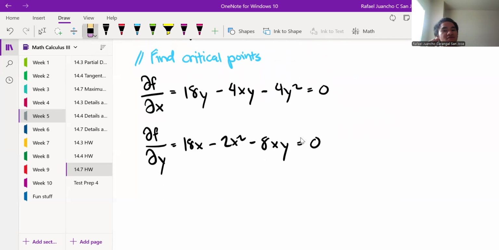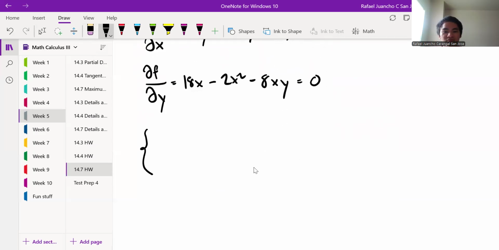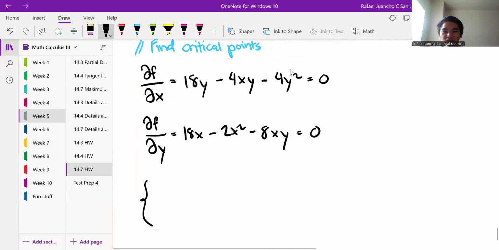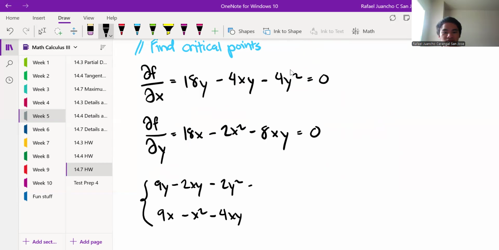So I can divide everything by 2, right? Let me put like a system here. So if I divide everything by 2, I get 9y minus 2xy minus 2y squared. Then here I do the same thing. I divide everything by 2, I get 9x minus x squared minus 4xy. And these are both equal to 0.